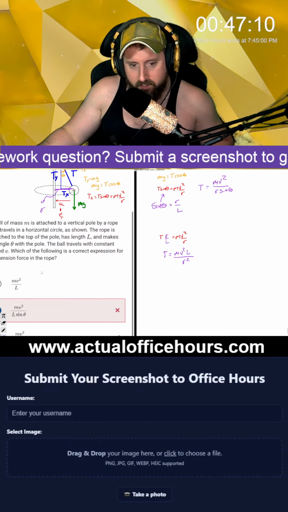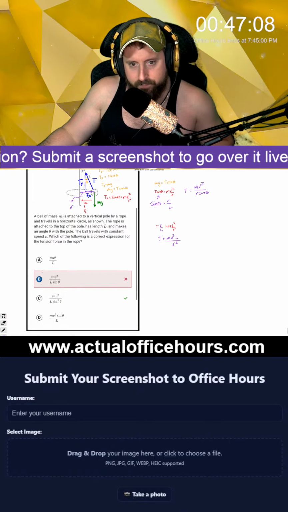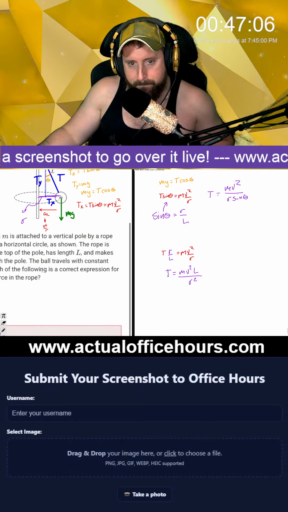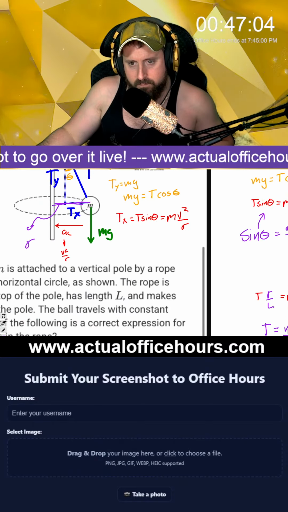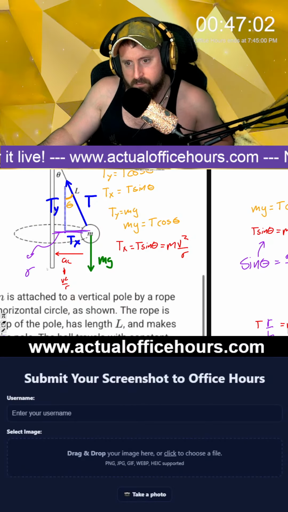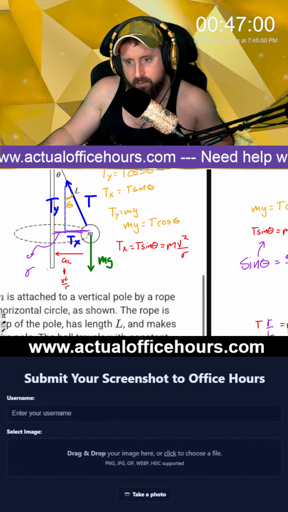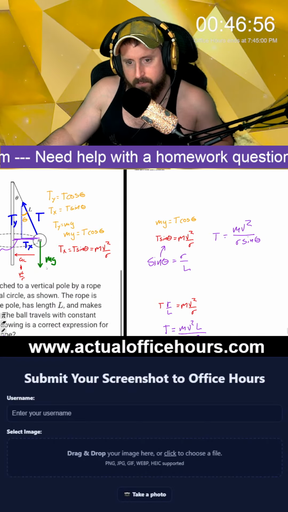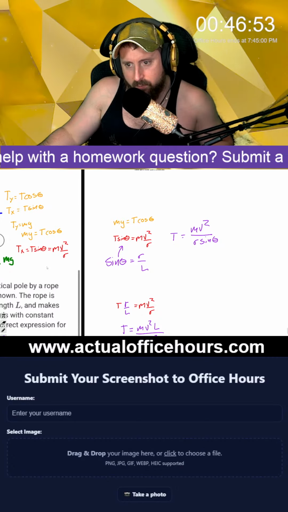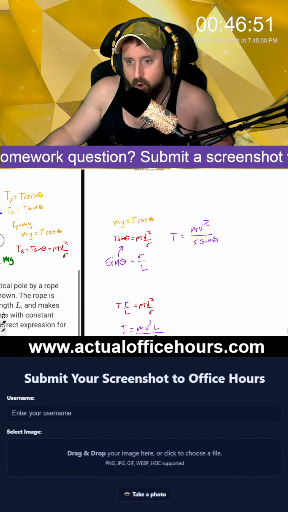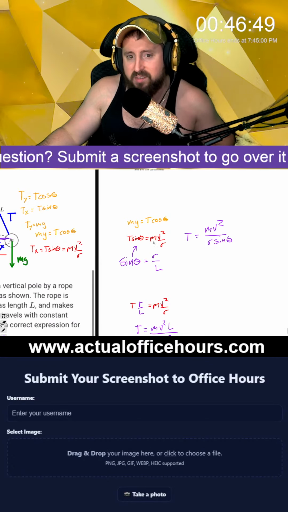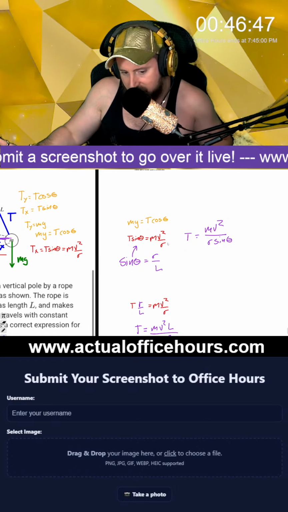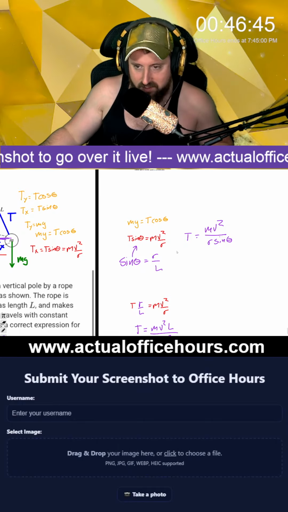Because I don't need G in there. T sine theta equals mv squared over r. Cool, so mv squared over r sine theta is equal to... Oh, that's equal to T. No, that is T.